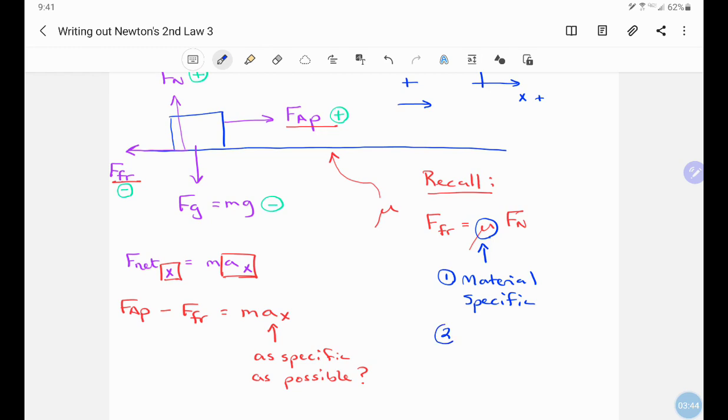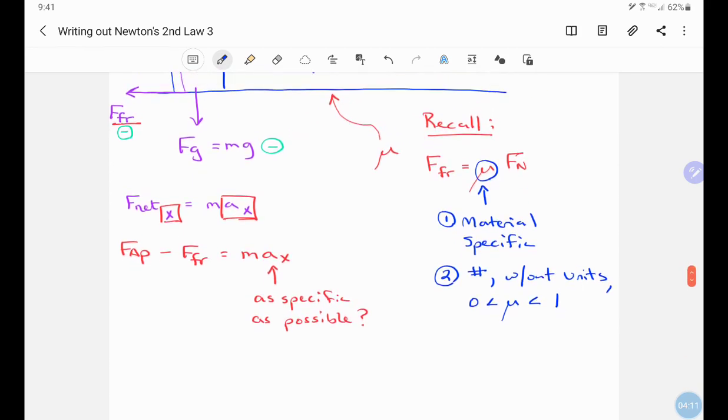Second thing, it is a number without units, and it is between 0 and 1. Okay? We can go into further detail, but for now, we're not going to.